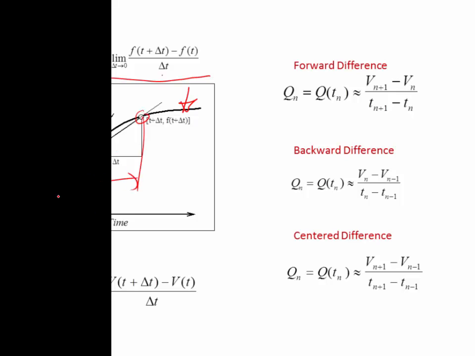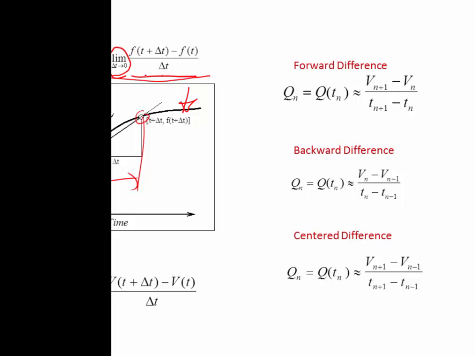And that's essentially this finite difference approximation that we saw in the previous slide. But what the definition of the derivative says is that if we do this and take the limit as delta t goes to 0, then that gives us the actual definition of the derivative. Okay, so what we're doing with the finite difference approximation is somewhat relaxing this requirement.